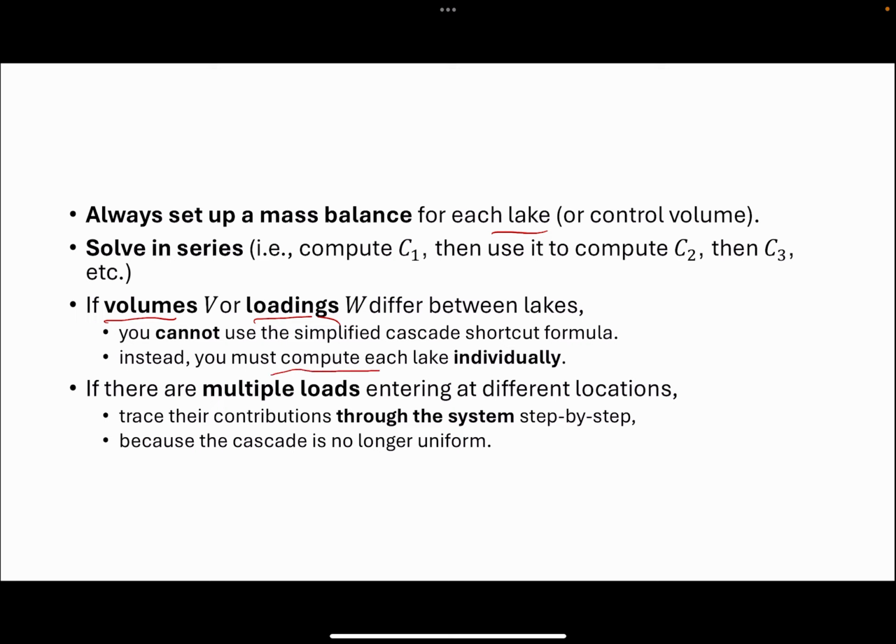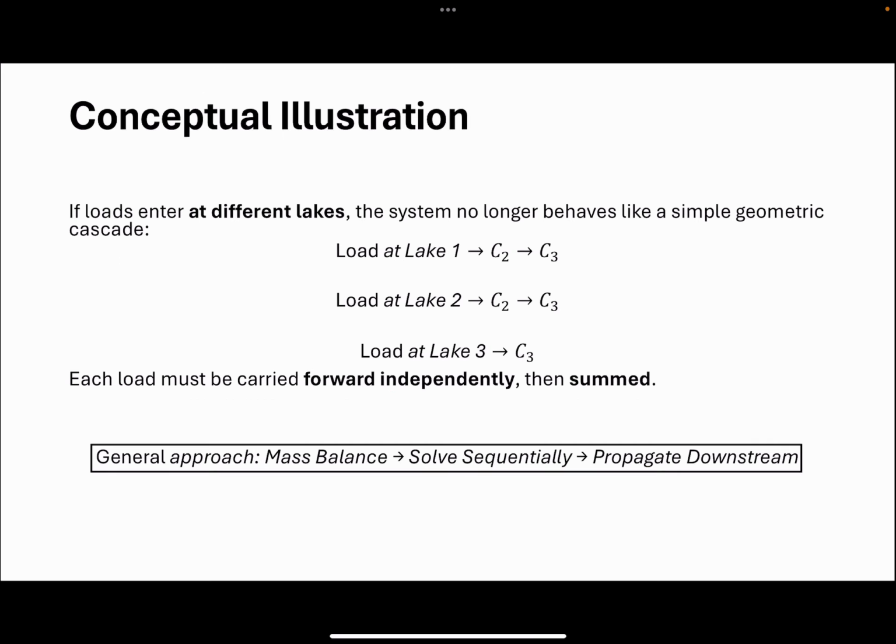Instead, you must compute each lake individually. If there are multiple loads entering at different locations, trace these contributions through the system step by step, because you have to make it input minus output. And also because the cascade is no longer uniform, you have to make sure that everything is taken into consideration.